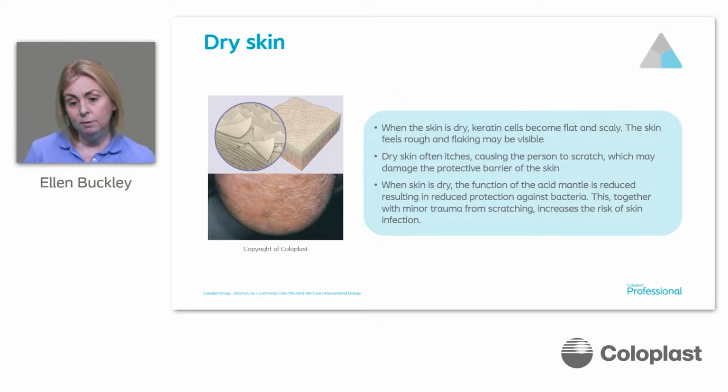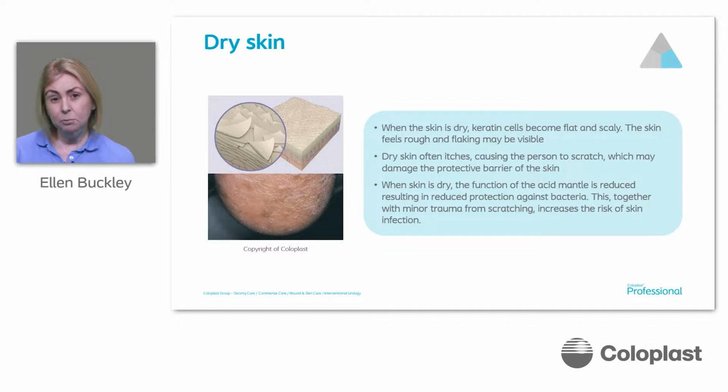Dry skin can also be very itchy. The keratin cells can become flat and scaly, and the skin will feel rough, and you may even see visible flaking on the patient's surrounding skin. It can still be very itchy, and again causing the patient to scratch. So think about the patient scratching themselves and causing that injury, which can break the skin. We don't really want that to be happening.